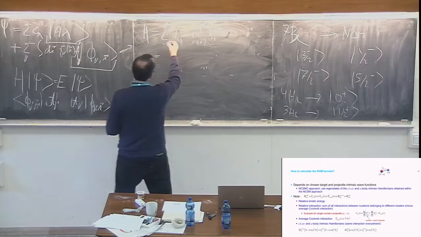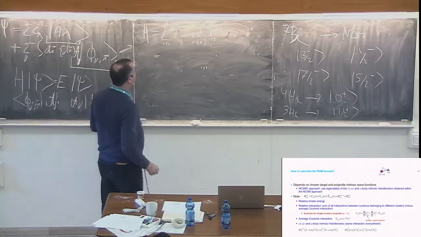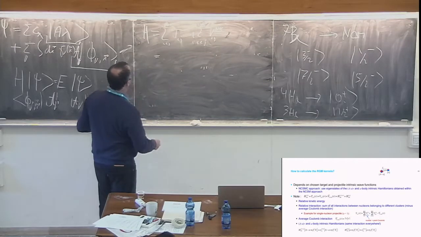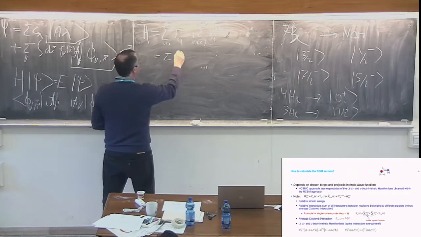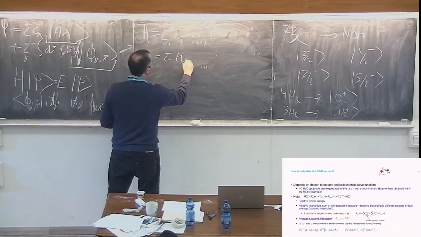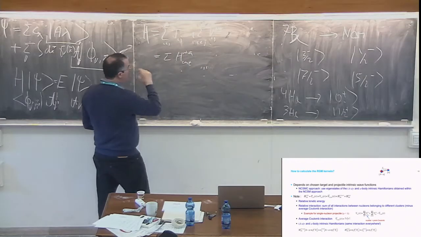So I think it's more or less obvious that you can split these sums in a way that you will have, let's say, the internal part of the Hamiltonian for the first A minus little a nucleons.